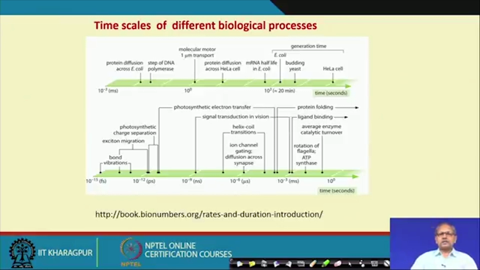Now, if we look at the biochemical reactions which manifest as cellular behavior, what is the time scale? Enzymatic reactions occur at the millisecond level, whereas signal transduction occurs at the nanosecond level. What is signal transduction?